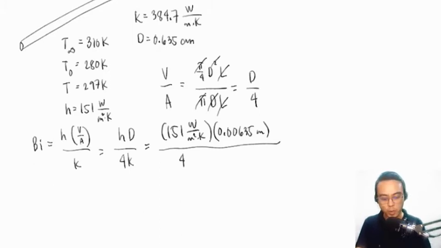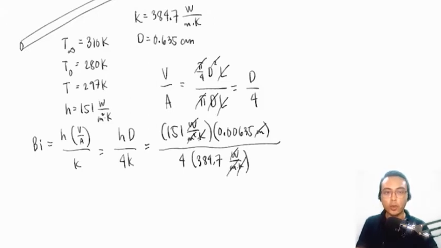We substitute this into our Biot number equation. And if you take a look at the cancellation of units, Kelvin cancels, watts cancels, and meter at the numerator cancels with the meter at the denominator. Therefore, you are left with no units because the Biot number is a dimensionless number. Okay?